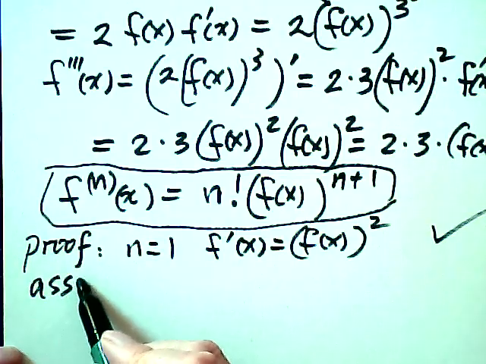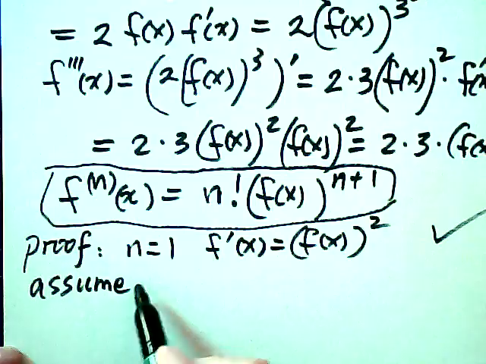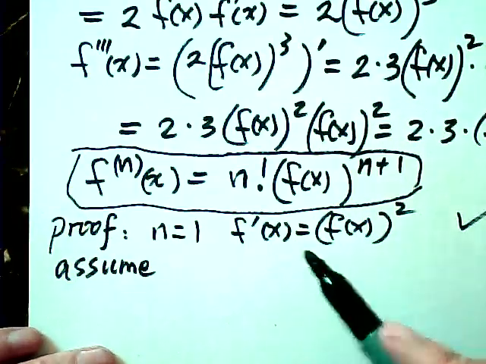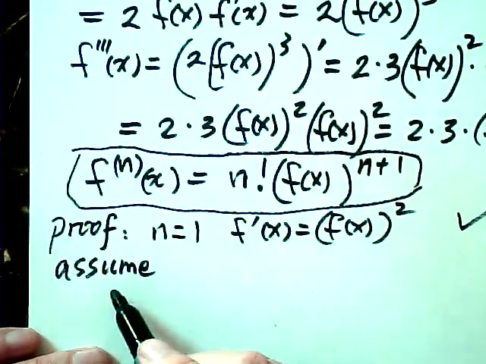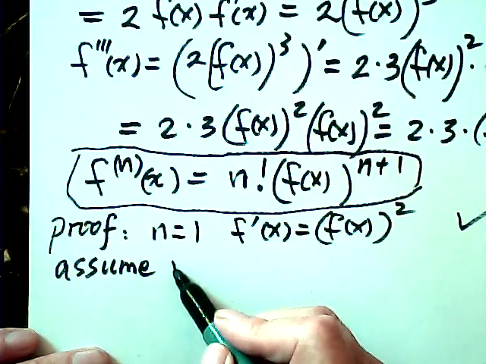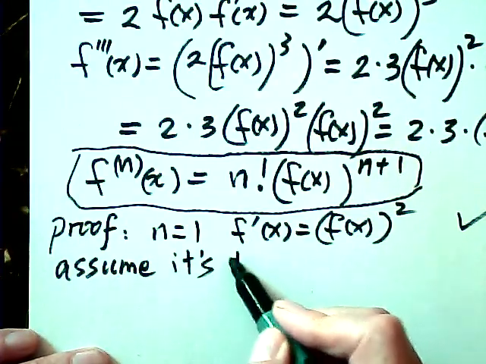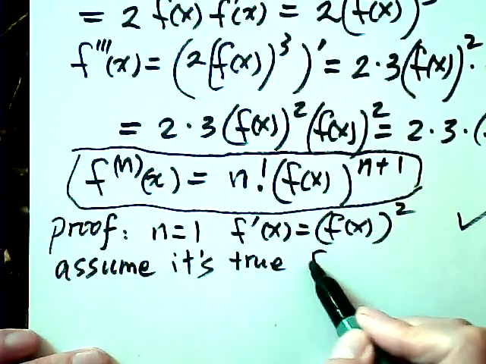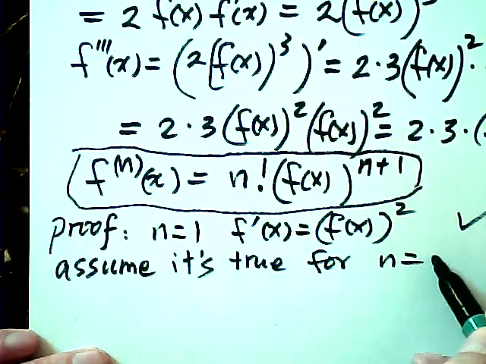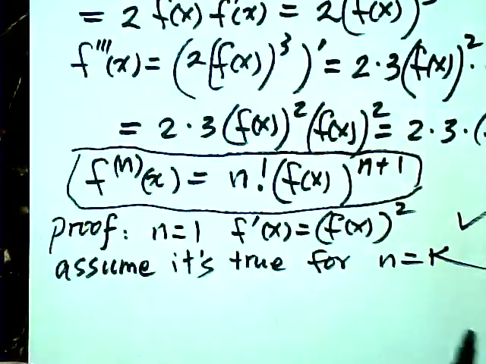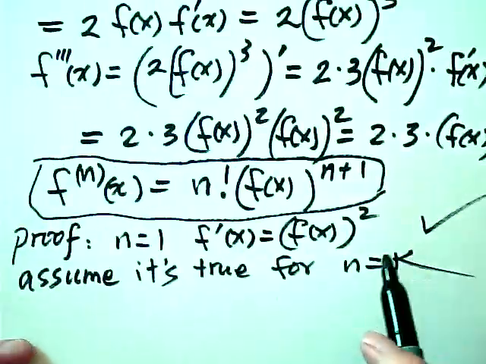Then assume, well, in induction the wording is very important. It has to be logical. Assume that it is true for n equal to k. Now, n and k are just positive integers.